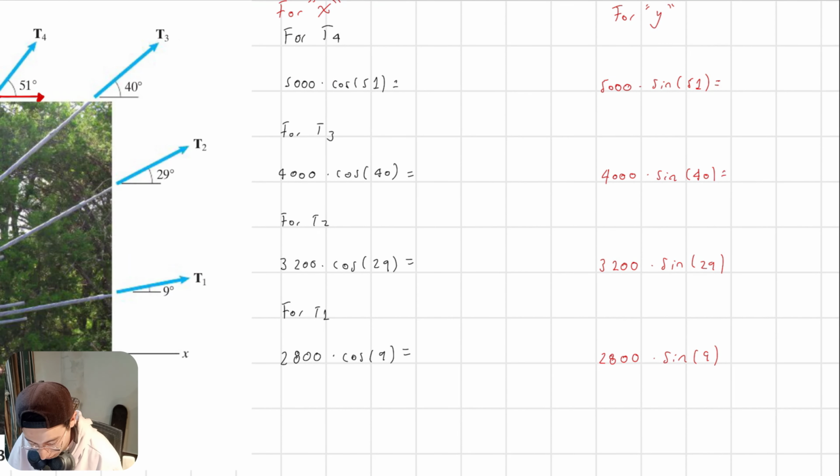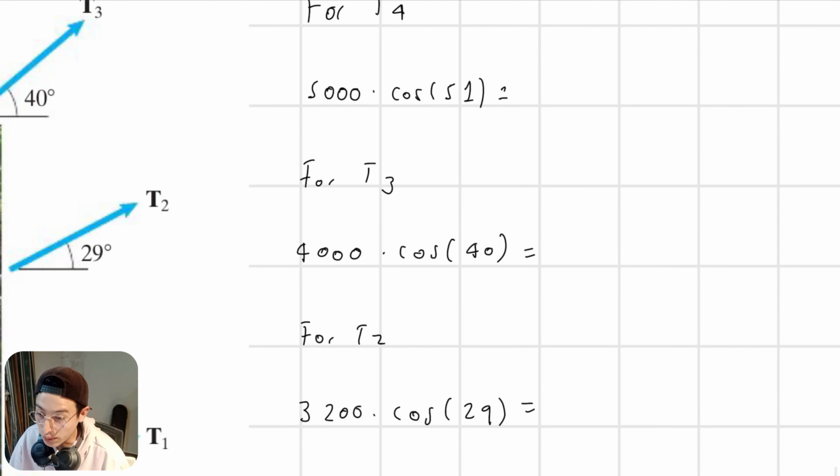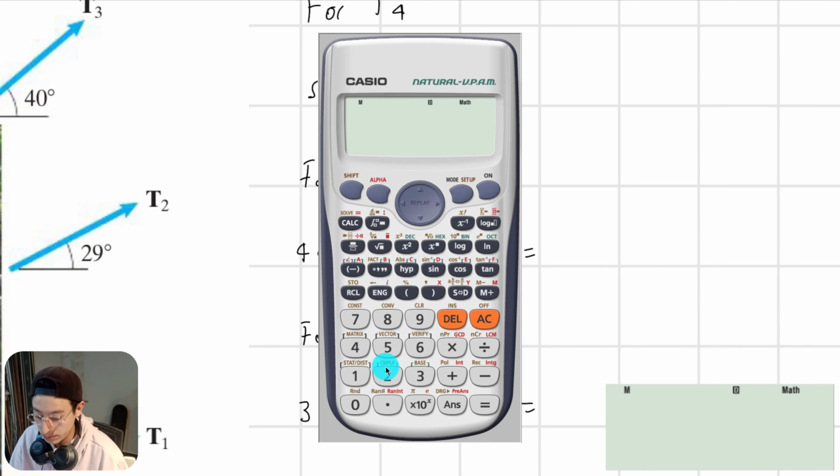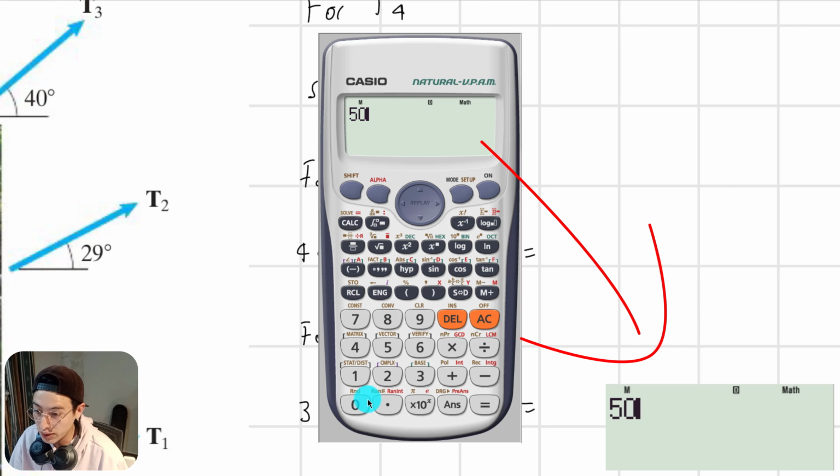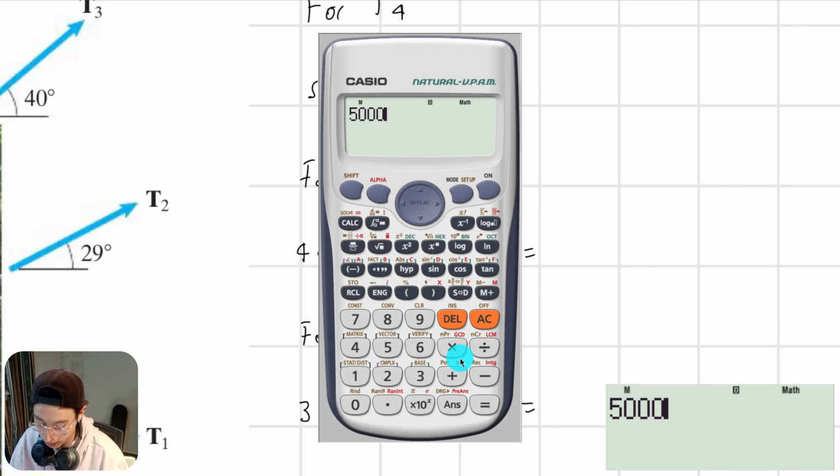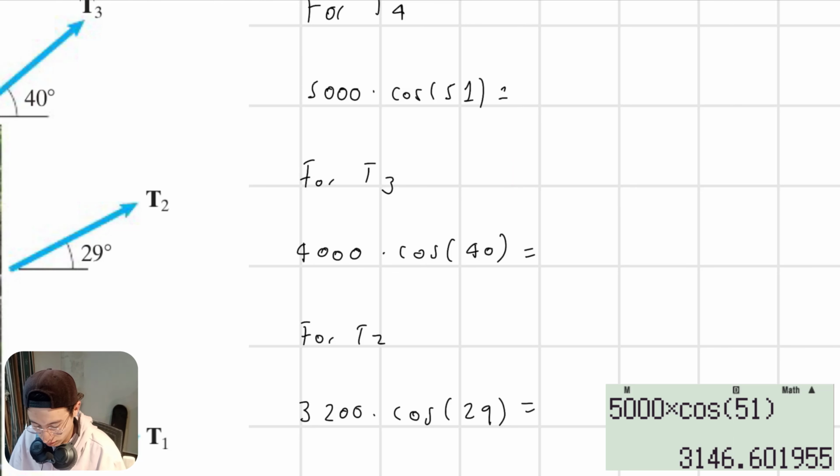Now, the answers. First one. So 5,000, make sure that you are working in degrees. So 5,000 times the cosine of 51 equals 3,146.6019.